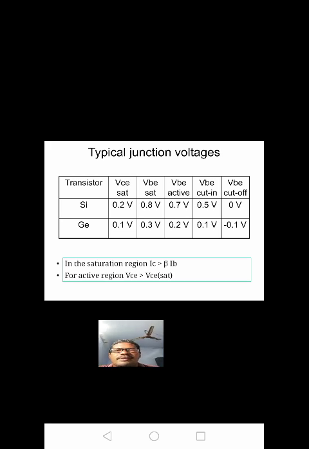Suppose we make the transistor with silicon: the voltage drop VCE in saturation mode is 0.2 volts, VBE in saturation mode is 0.8 volts, VBE in active mode is 0.7 volts, VBE in cut in mode is 0.5 volts, and VBE in cut off mode is 0 volts.